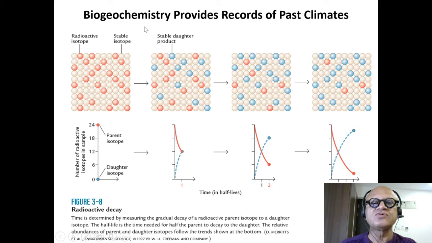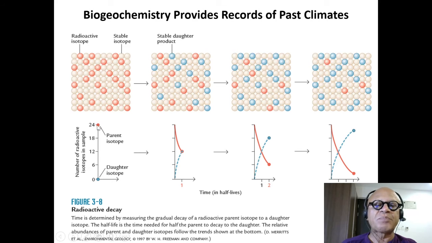So biogeochemistry techniques are used very commonly, and one of the most common ones, of course, is to use radioactive isotopes. So you have radioactive isotopes which split into a stable daughter product and then continue to go on, and the total amount of the radioactive isotope keeps decaying, right?